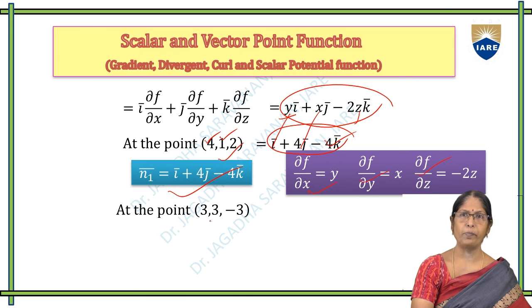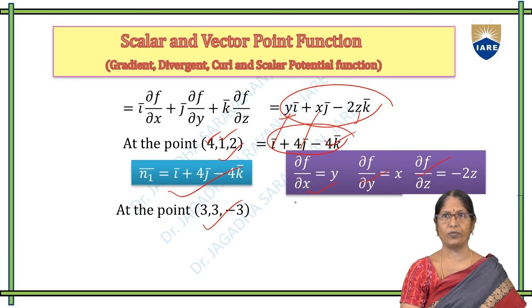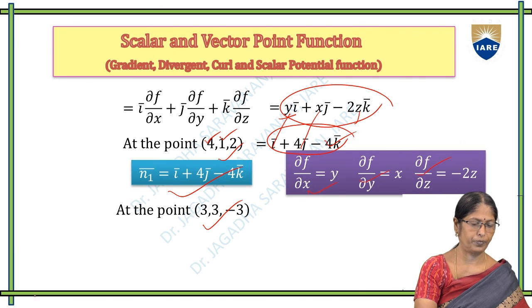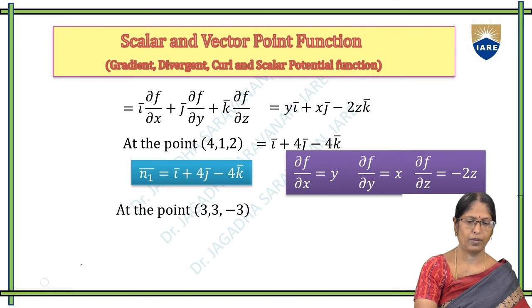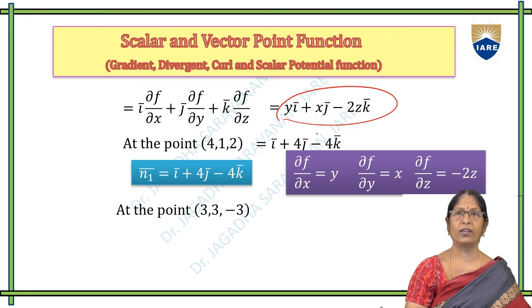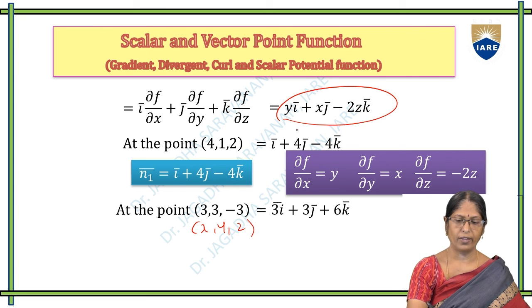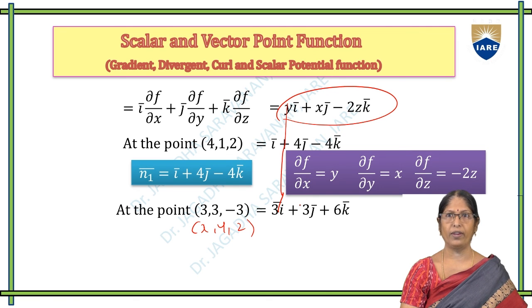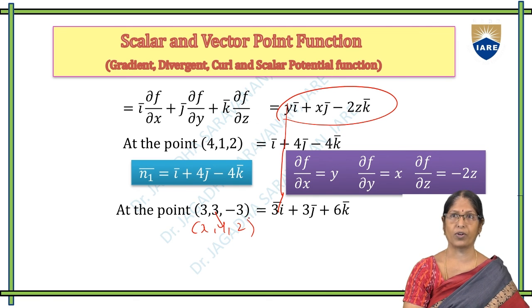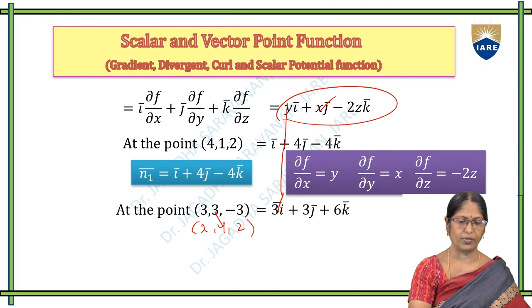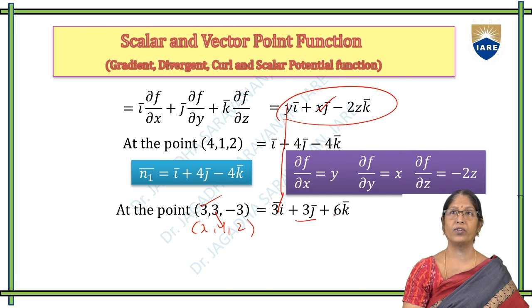Next, for the same surface, we take the other point which is given. Here we substitute the values of x, y, z. Here y is replaced by 3, because the y value is 3, and x is replaced by 3, so we got 3j.